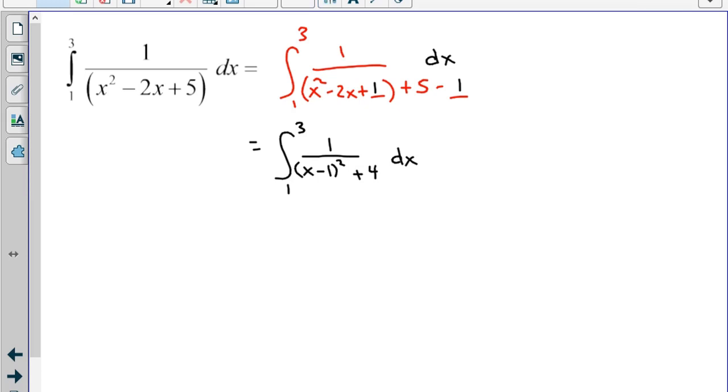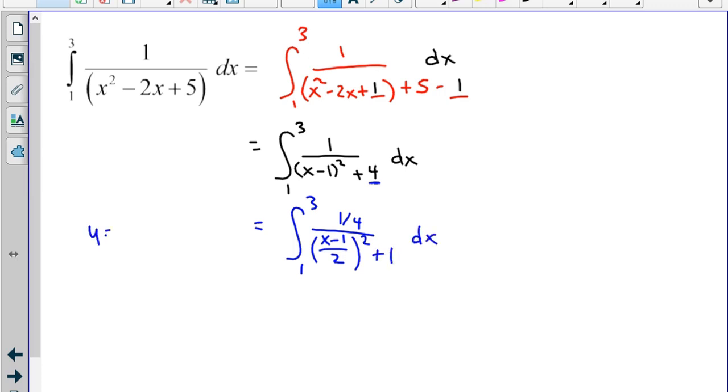So once again, I'm going to have to force the 1. So I need to take this 4 and figure out that I need that to be a 1. So I'm going to divide everything by 4. So I have 1/4 in the numerator. I have x minus 1 over 2. I'm going to skip a step because if I divide that by 4, remember that's the same thing as dividing by 2 squared.